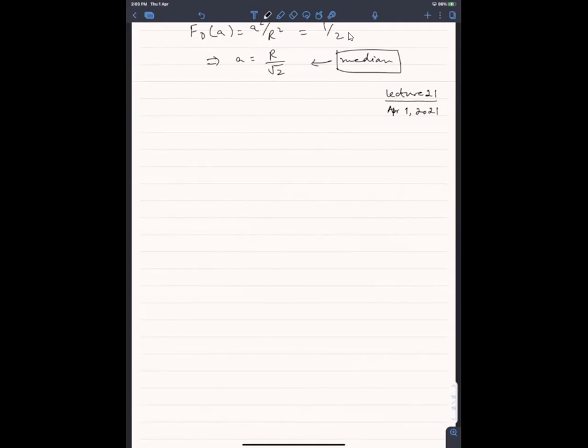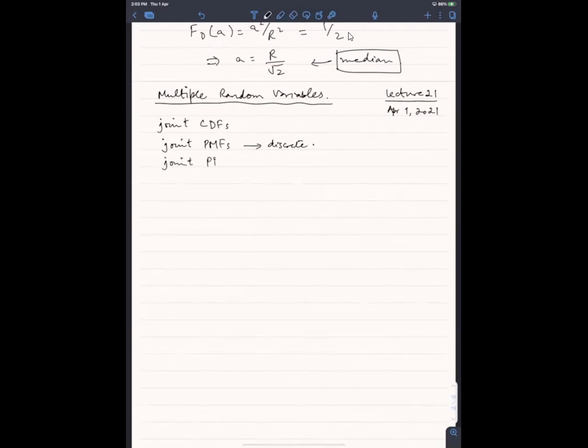So we have been dealing with multiple random variables, and we already talked about the joint CDFs. We also talked about the joint PMFs for the discrete case, and the joint PDFs for the continuous case.